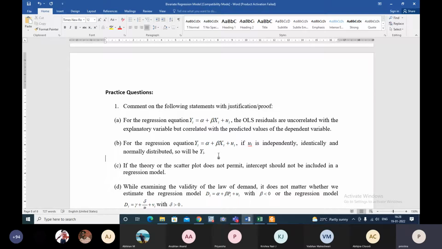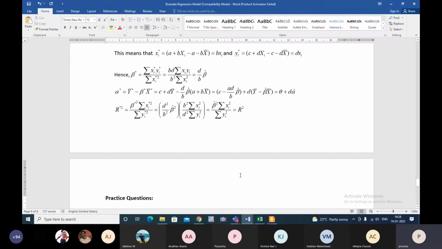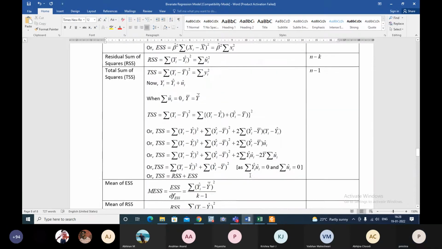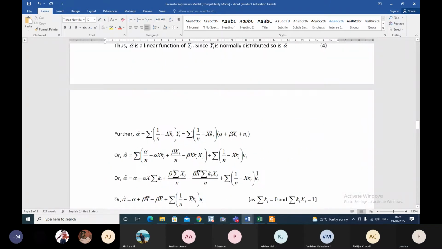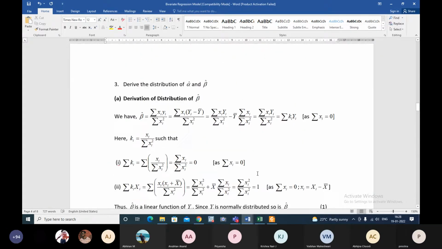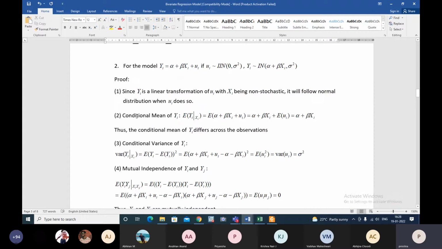So the conditional mean will be varying. So it is not identical, but it is independent as well as normal. And again, this derivation is given here for the model. If this is the distribution of ui, this will be the distribution of yi, and this is how we need to answer.